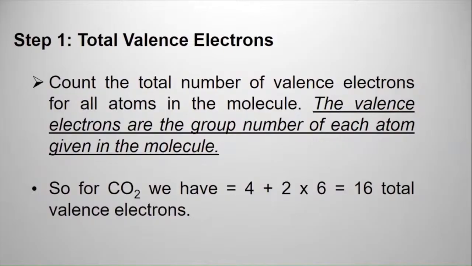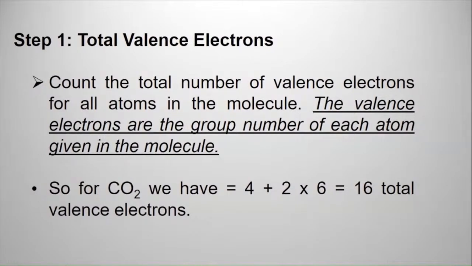So what are the steps that you will follow to draw Lewis structures for any covalent molecule? Imagine the covalent molecule coming together, the atoms coming with their electrons. These electrons are valence electrons.